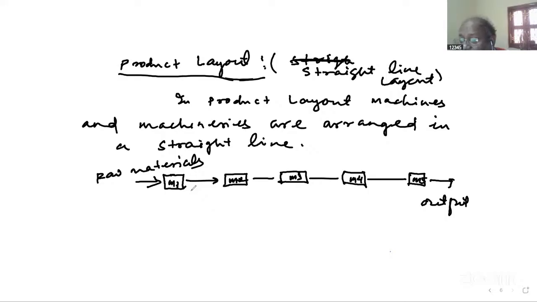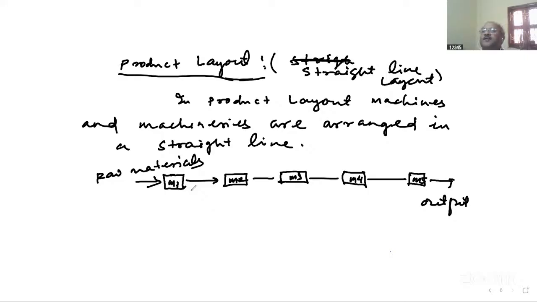In case of product layout, you know that this type of layout is more expensive. Why more expensive? Because here more machines and machineries are set up. A number of machines and machineries are set up in a straight line. Am I right or not?